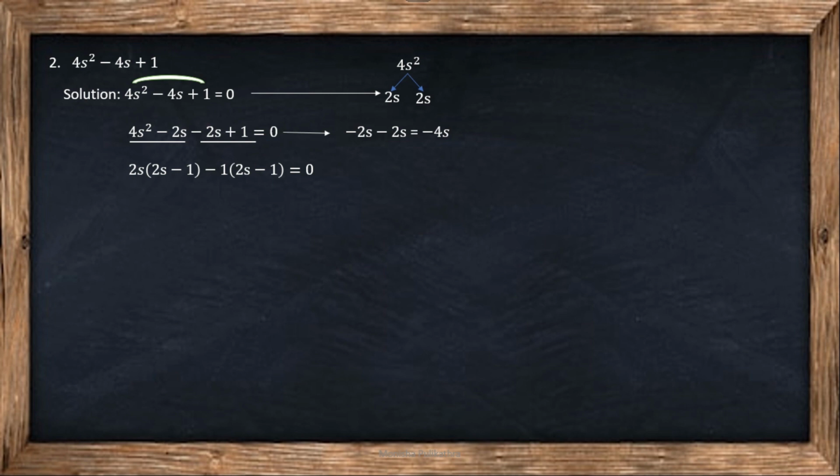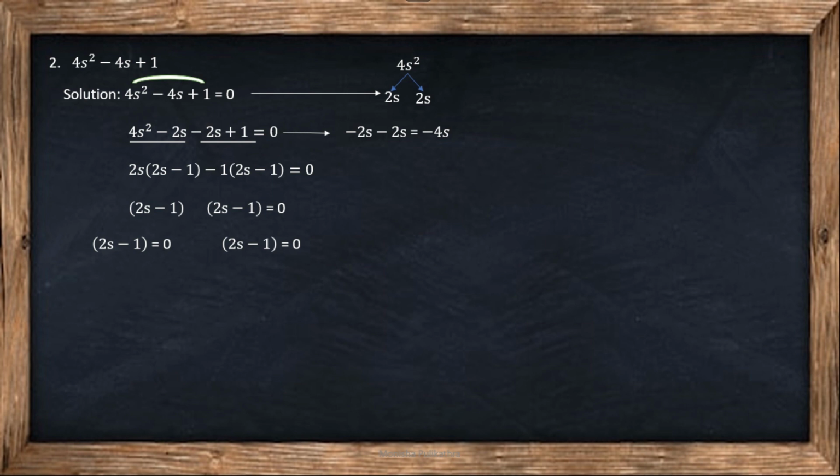If there is no common term, you need to understand the fact that in all numbers there is one universal common term, that is 1. Okay? When there is no common term, you take common as 1. Here already there is minus 2s, so the minus symbol is there. So you need to write the same minus symbol itself: minus 1, and in the bracket you write 2s minus 1 is equal to 0. Then separate the terms and equate them to 0: 2s minus 1 and 2s minus 1 is equal to 0.